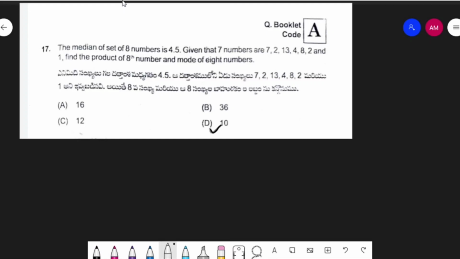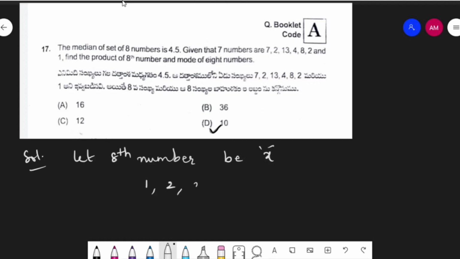Let the 8th number be x. The median of these 8 numbers, including x and these 7 numbers, is 4.5. Let us write them in ascending order.